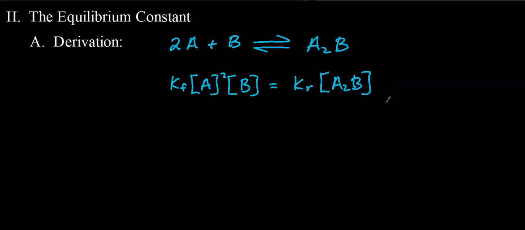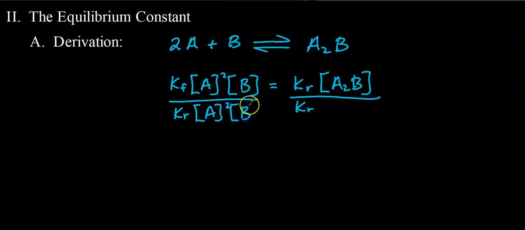Now let's go ahead and rearrange this. Let's divide both sides by Kr. Let's also divide both sides by the concentration of A squared times B. So Kr cancels over there, and A squared B cancels there.